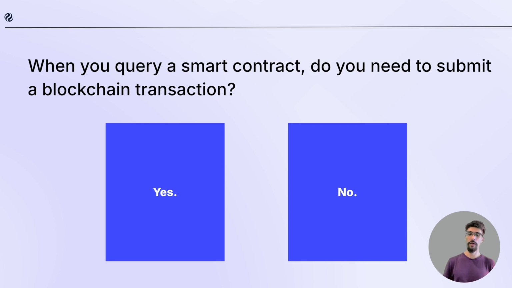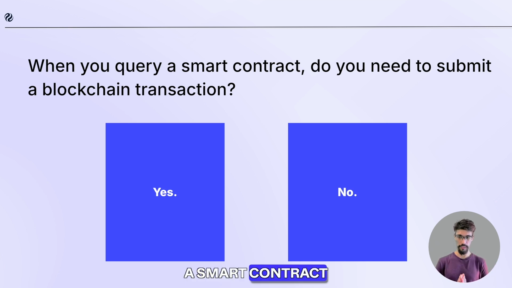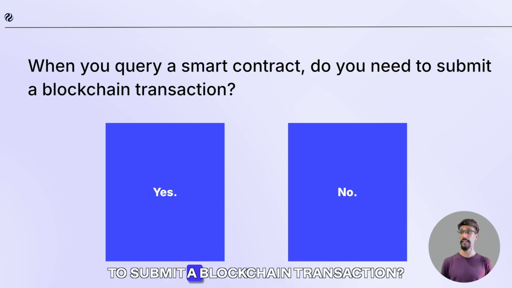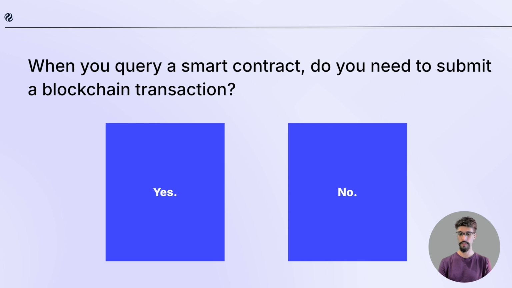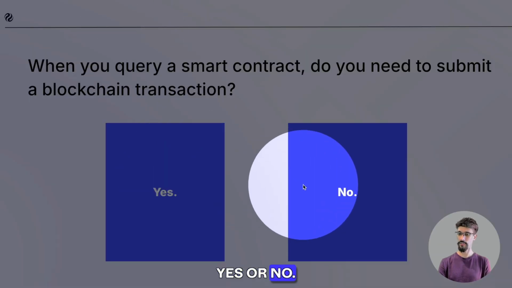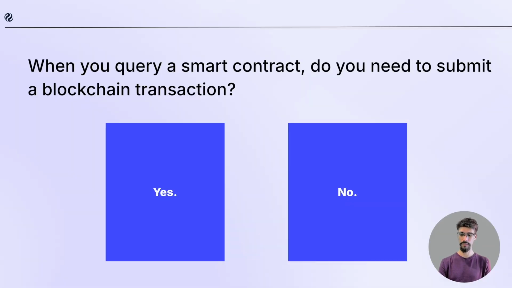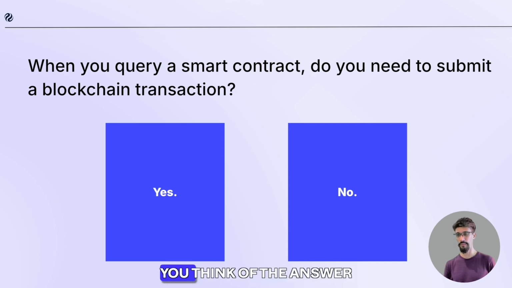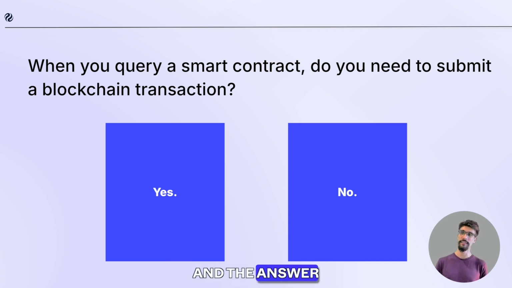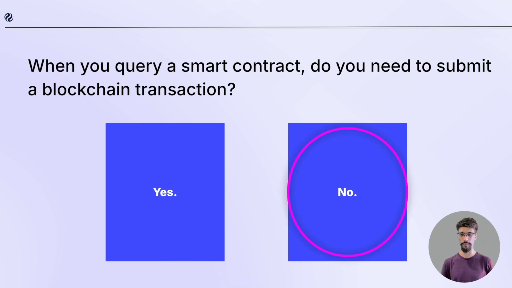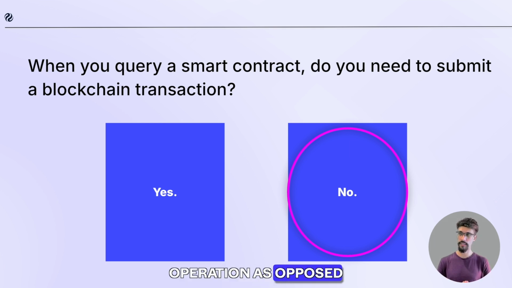Next question. When you query a smart contract, do you need to submit a blockchain transaction? Basically, yes or no. I'll pause for a bit while you think of the answer. And the answer is no. And the reason for that is because a query is a read operation as opposed to a write operation where you change the state of the smart contract.